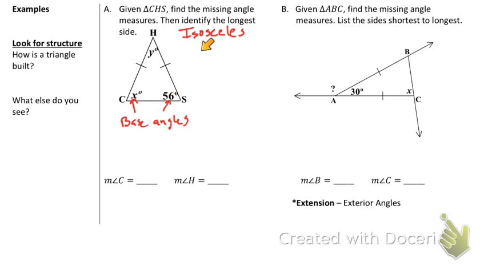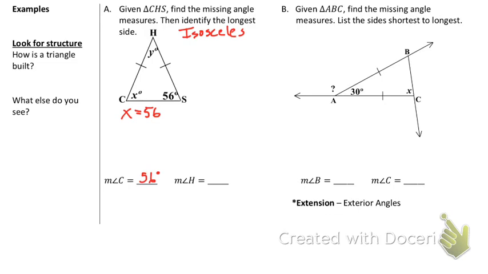Again, this is only when you have an isosceles triangle. So because I know that, I now can say that these two angles are equal. So I have now just found that x equals 56. So the measure of angle C is 56 degrees.